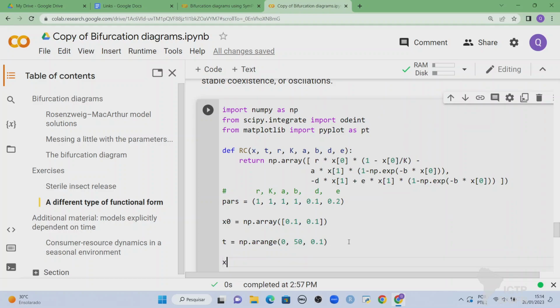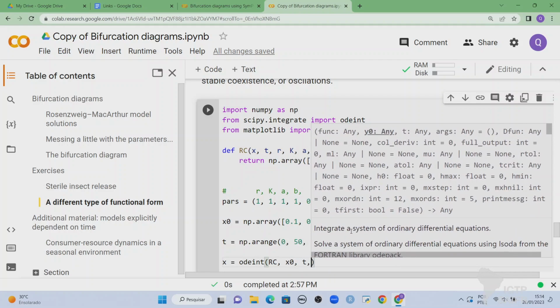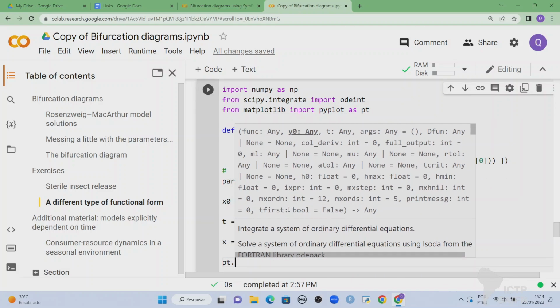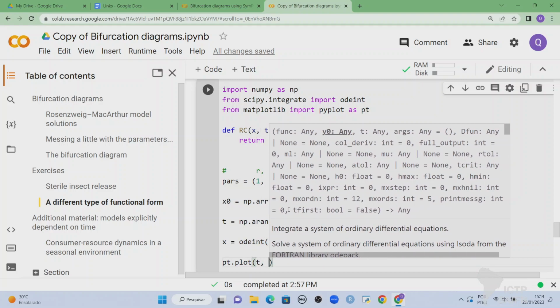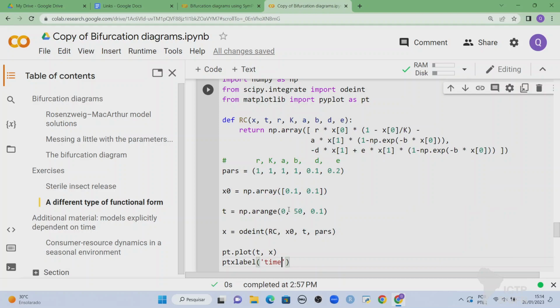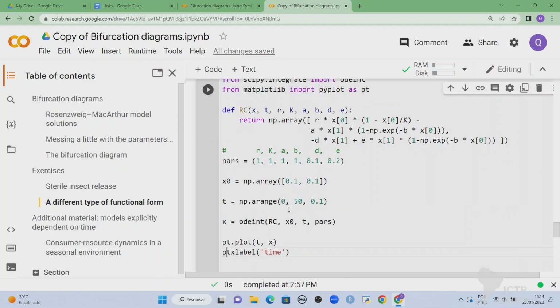And then the solution X will be odeint with this equation RC, with these initial conditions, with this time, with this set of parameters, okay? And then I plot it. Plot t, X, okay? Let's put a label for time, and a label for populations.